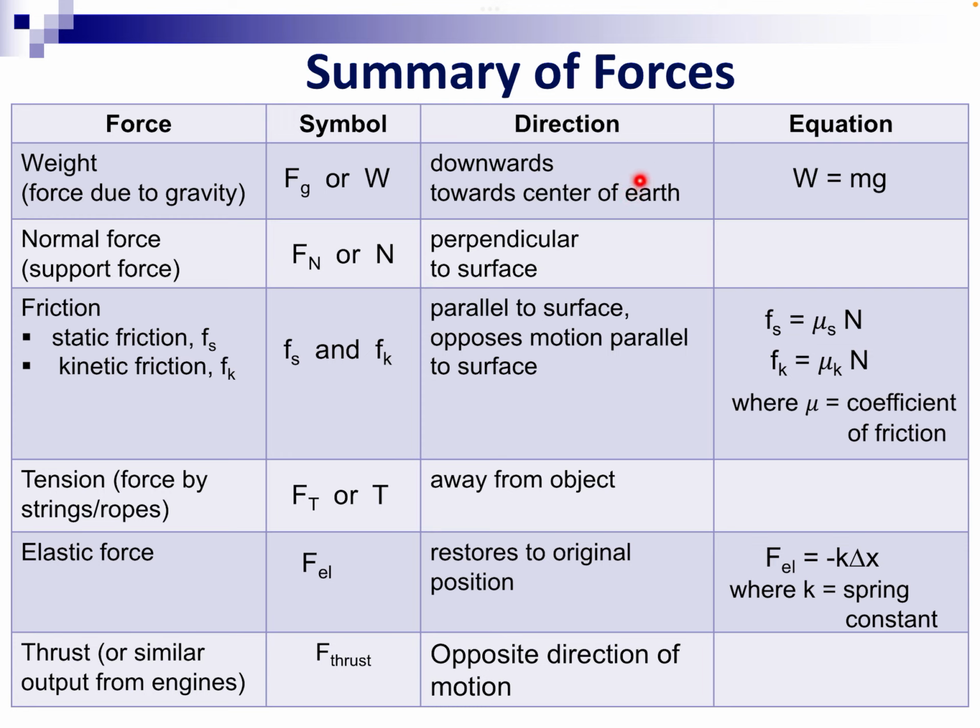For some forces, the direction is very specific. For example, weight force being the force due to gravity, it's therefore always directed downwards towards the center of the earth. So the third column gives us the directions of the specific forces given in the first column.